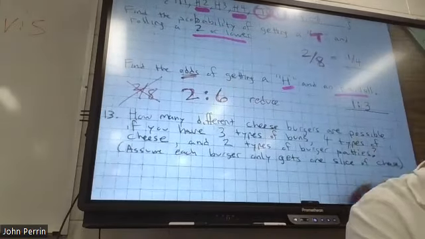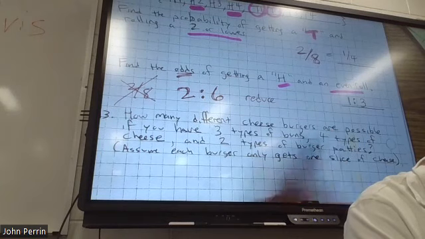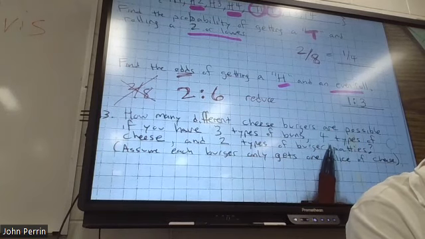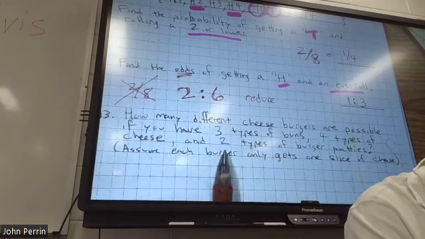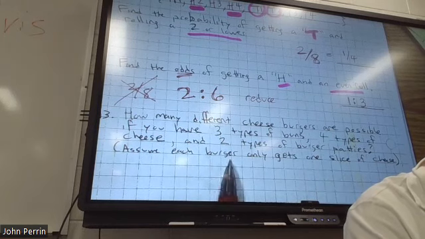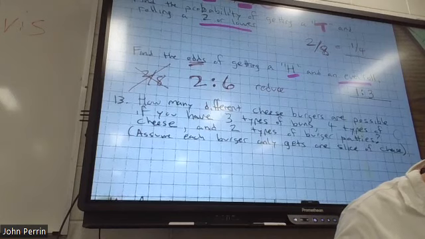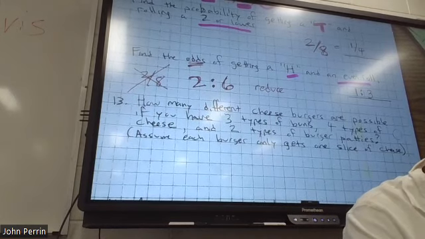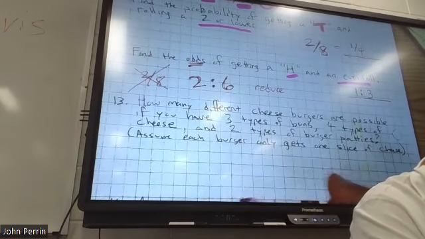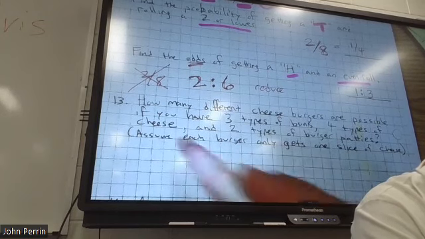Next question. How many different cheeseburgers are possible if you have 3 types of buns, 4 types of cheese, 2 types of burger patties? Assume each burger only gets 1 slice of cheese. So what am I asking you to do here? This was our multiplication principle, we called it.